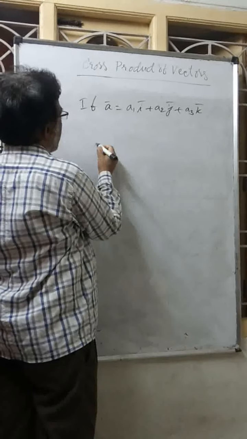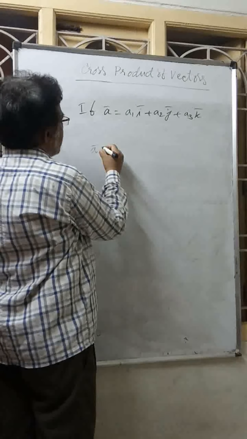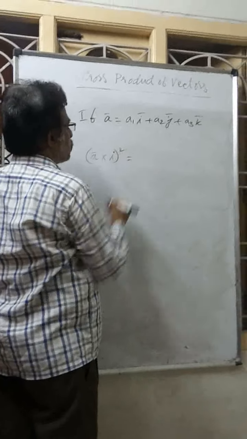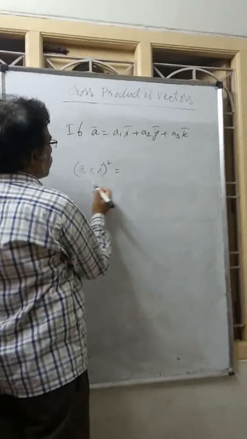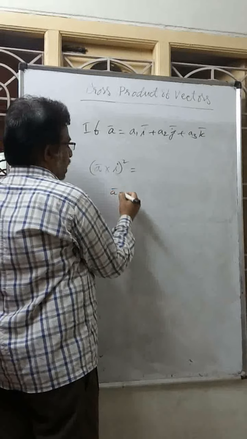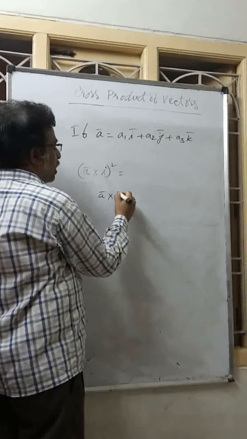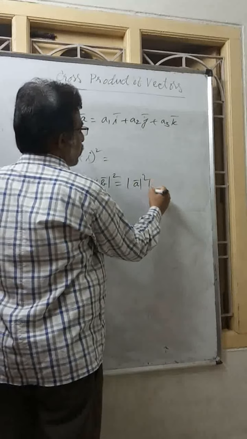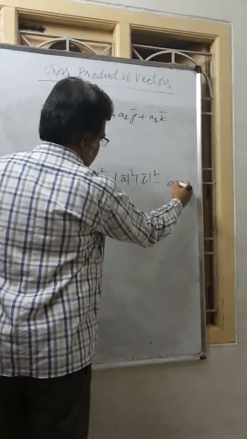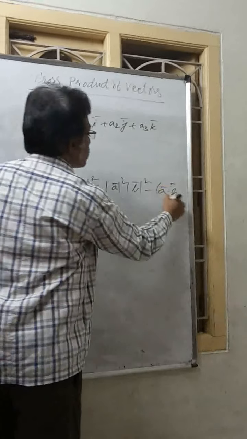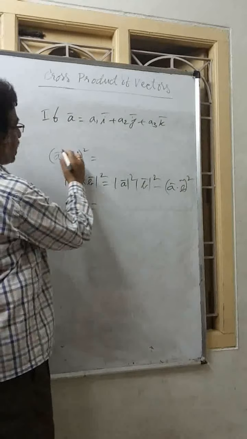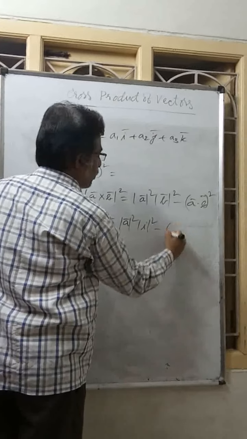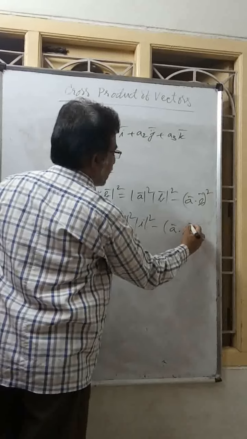Then, A cross I whole square, how much is it? I want to find that. Now we know Lagrange's identity: mod A cross B whole square equals mod A square mod B square minus A bar dot B bar whole square. Using that, I can write mod A square mod I square minus A dot I whole square.